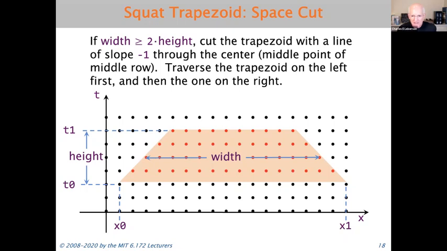So the recursive algorithm cuts a squat trapezoid into two trapezoids with a line of slope -1 through its center, like that. We call that a space cut, and it produces two trapezoids, which it computes recursively.